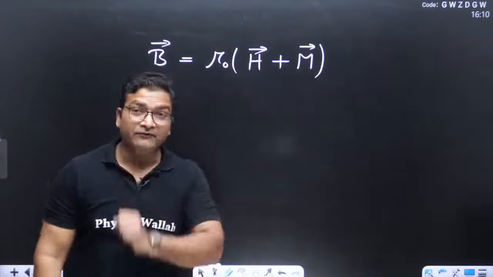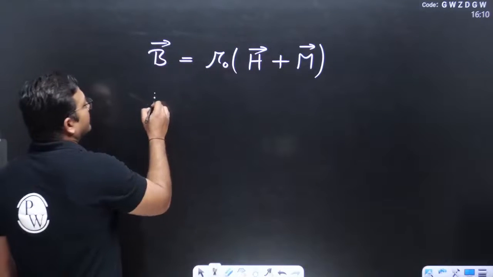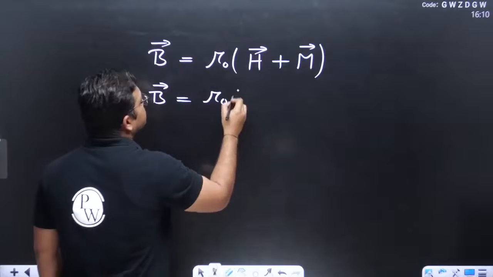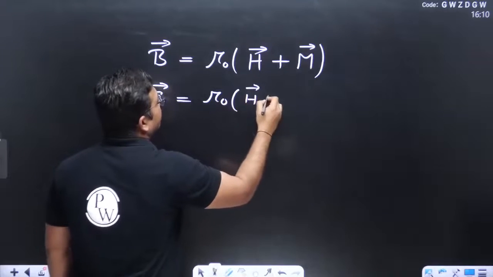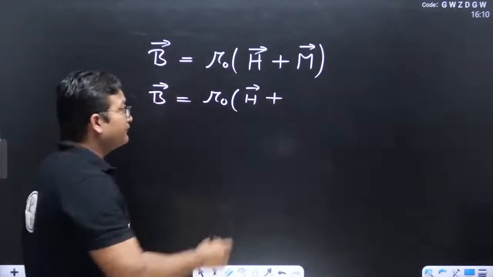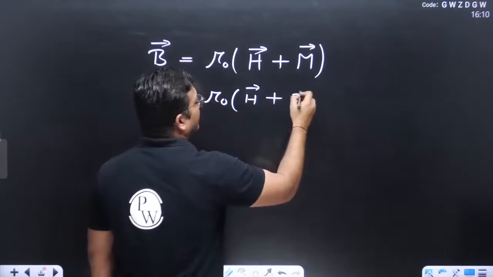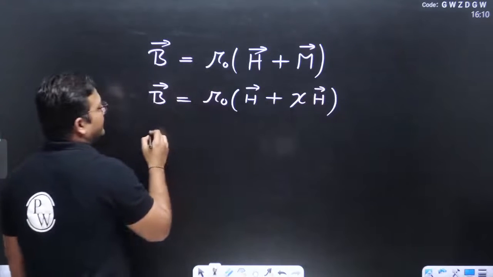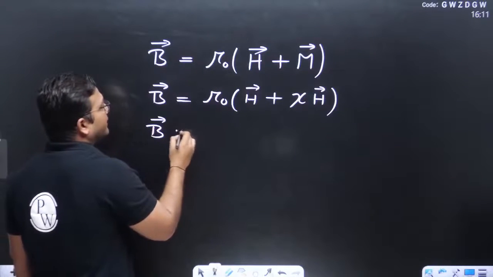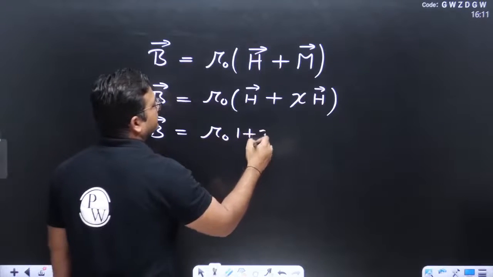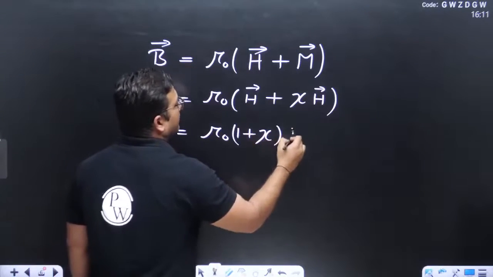The B field can be written as mu naught times (H plus M), and as we know, M is proportional to H, so we can write M as chi, the susceptibility, times H, and this becomes B equals mu naught (1 plus chi) H.